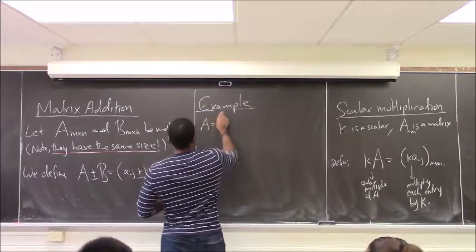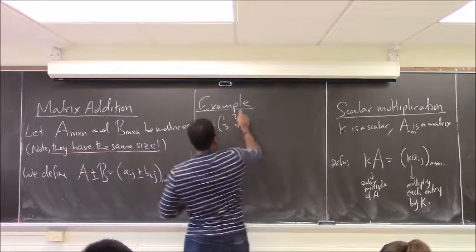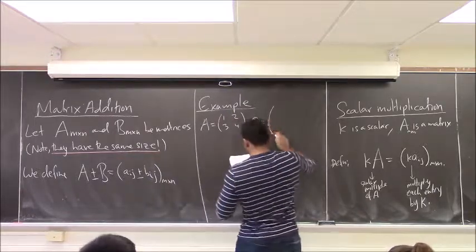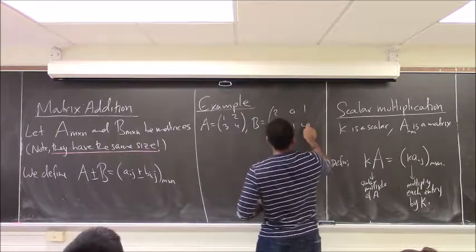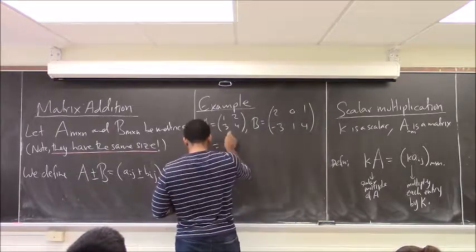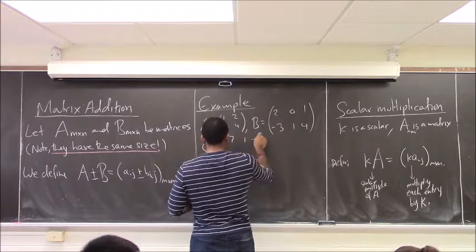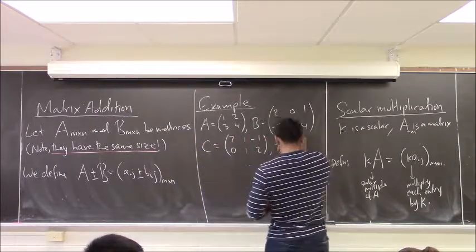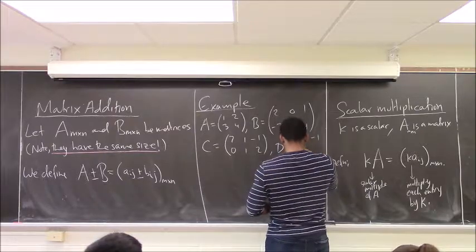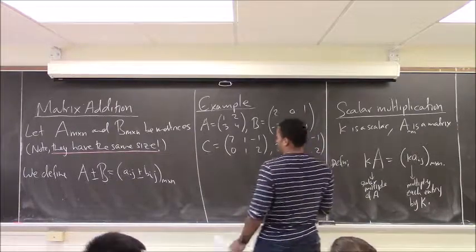Here, A equals 1, 2, 3, 4. B equals 2, 0, 1, minus 3, 1, 4. C equals 7, 1, minus 1, 0, 1, 2. D equals 0, minus 1, 2, 2.